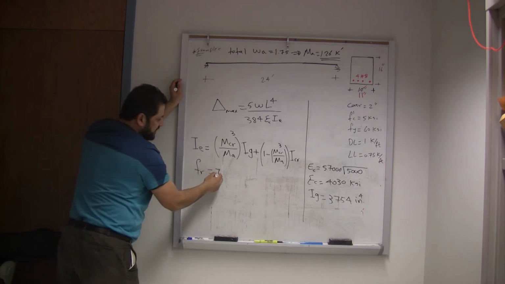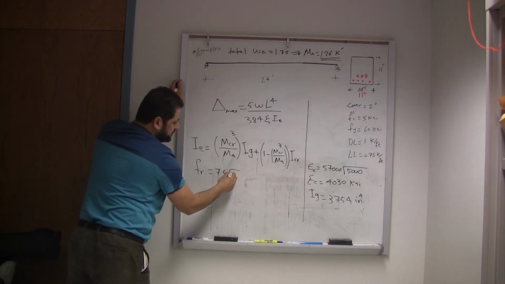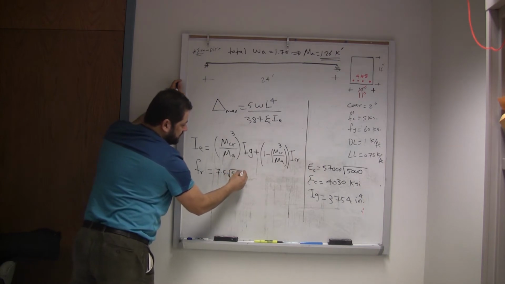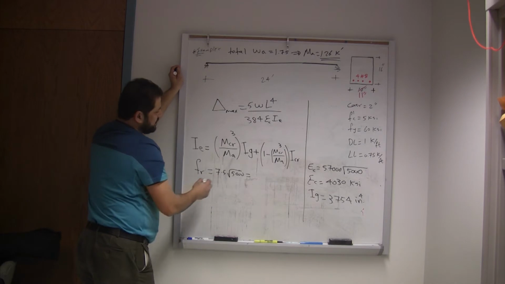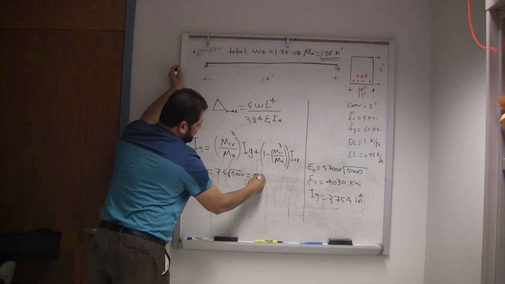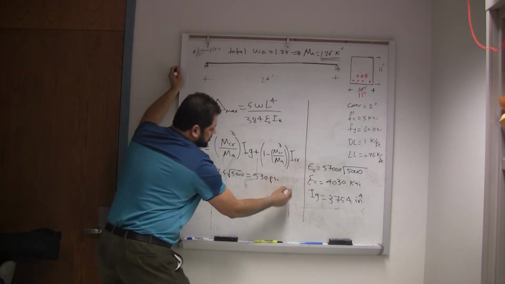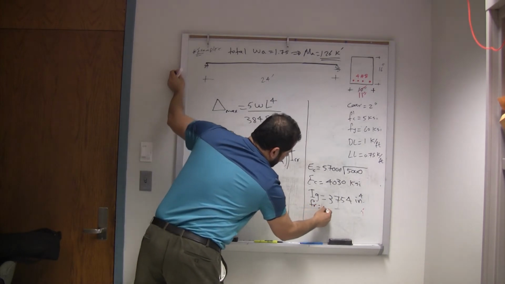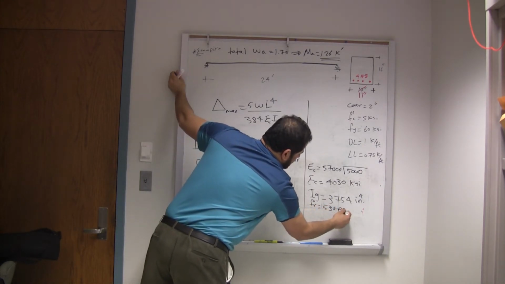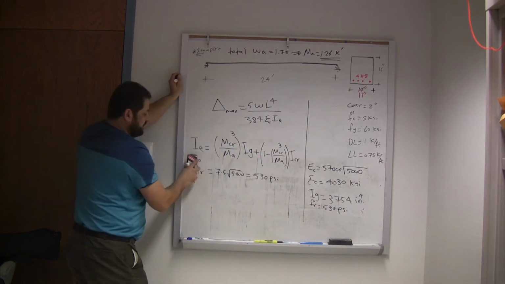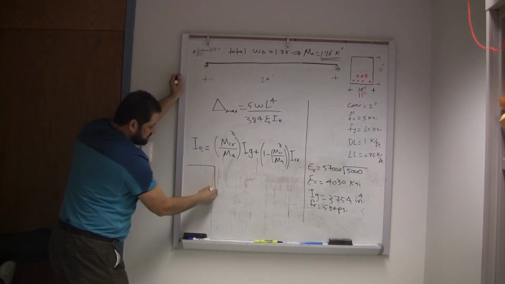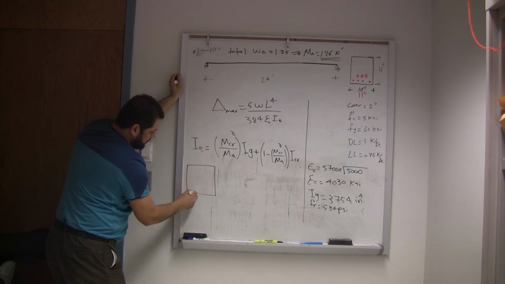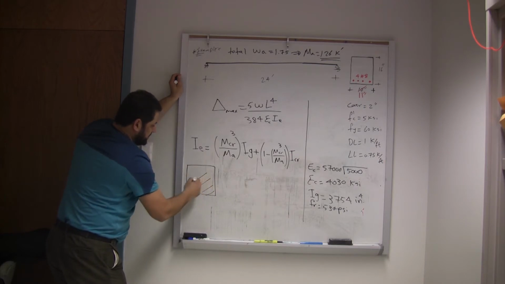So f_r from the ACI equals 7.5 square root f prime c. This number is 530, so f_r equals 530 psi. Now, the section will look like that just before cracking.